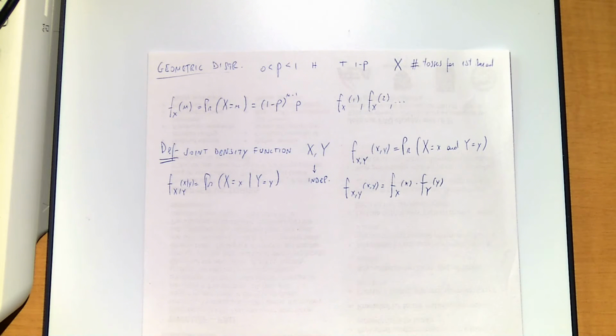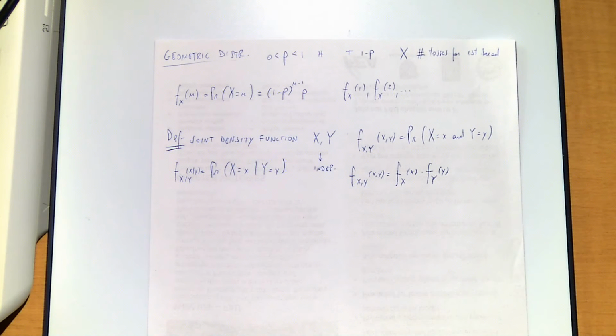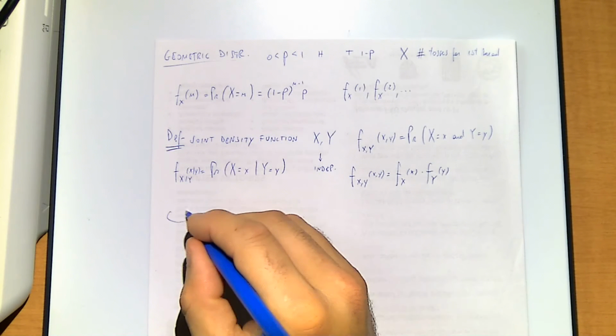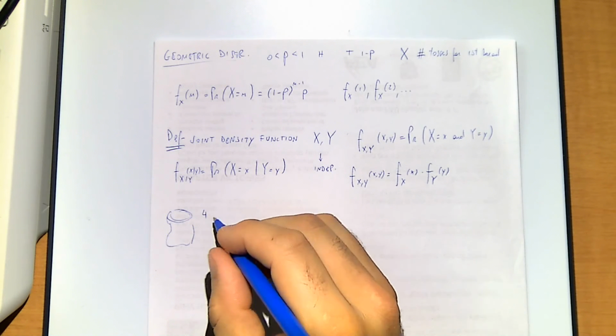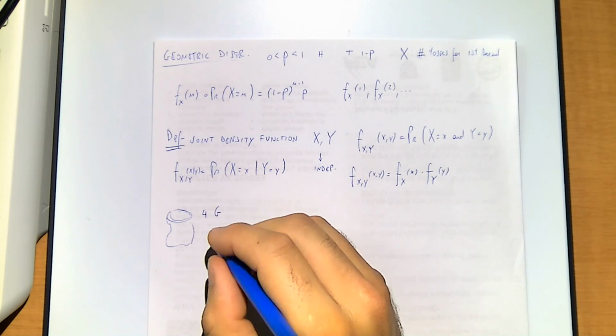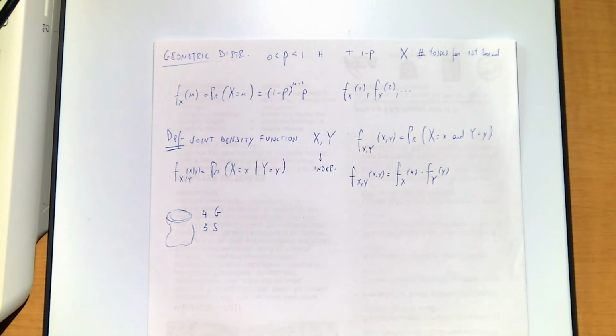Okay, so we can see one example of this, just to pinpoint what is happening. Suppose that we have an urn, the usual urn, and there are 4 gold coins and 3 silver coins. A coin is drawn at random, examined and returned to the urn, and then we draw another one.